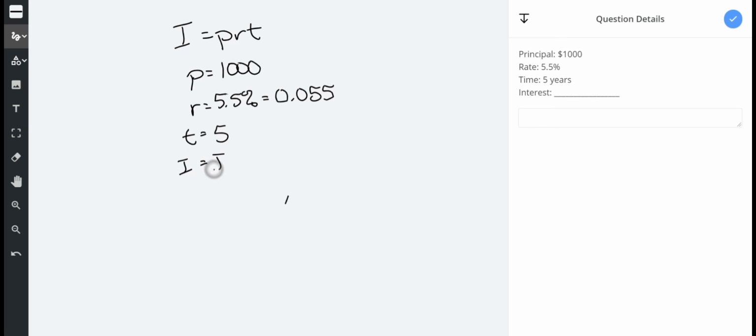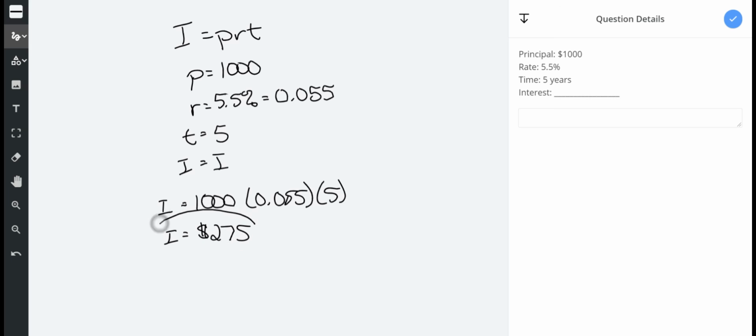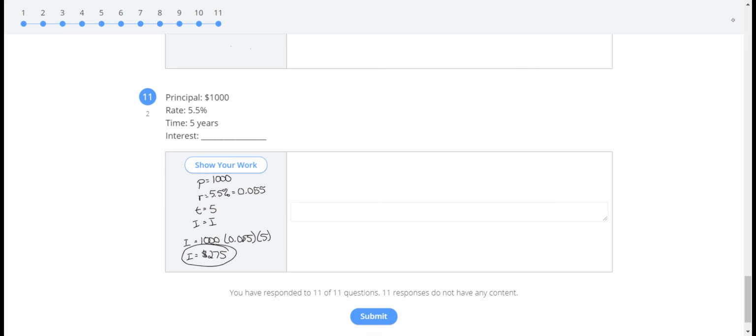And I, well, we don't know what the I is. That's what we need to solve for. So I equals 1,000 times 0.055 times 5. So the interest earned at 5.5% over 5 years is going to be $275. All right, great job.